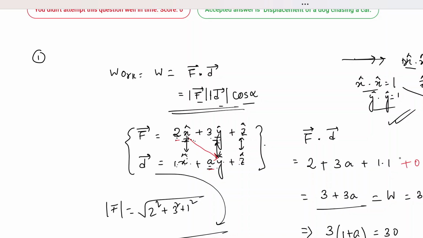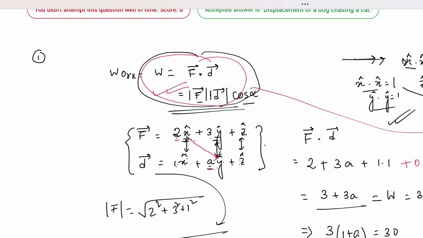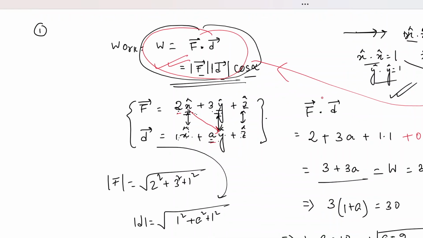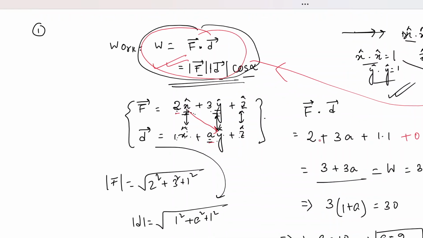Yeah, got it. So your question was right that we are trying to solve for A, so we will go directly and approach the simplest route possible, right? But what I was trying to tell you is that this f dot d cos alpha is the fundamental thing of all. You cannot produce any dot product if you do not follow this rule. Ultimately, whatever we are doing here is a result of this fundamental thing only, but we are trying the simplest route to get to the answer faster.